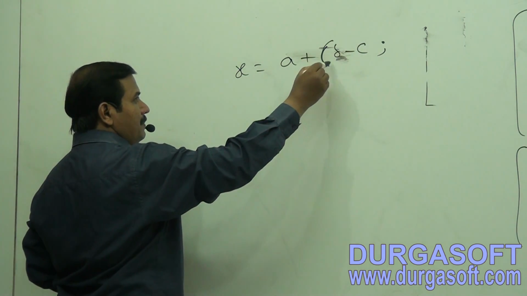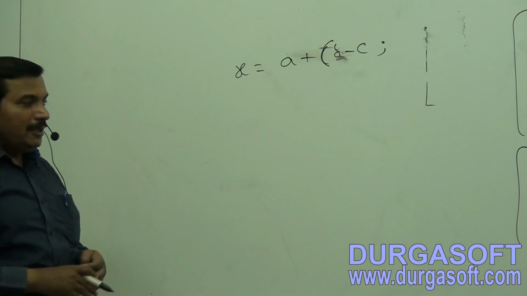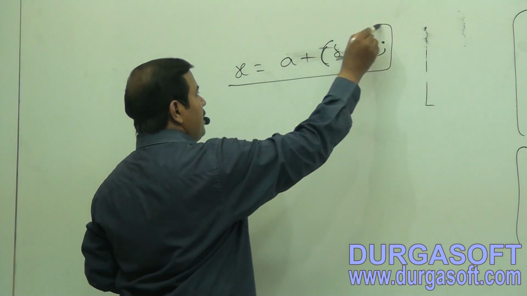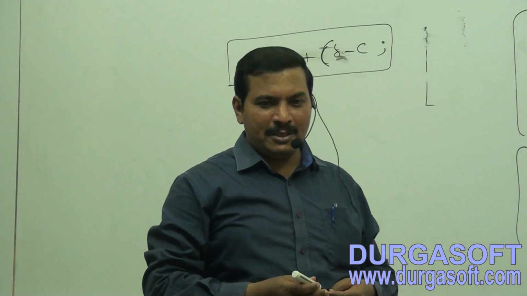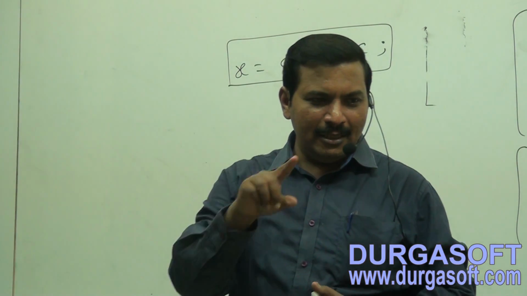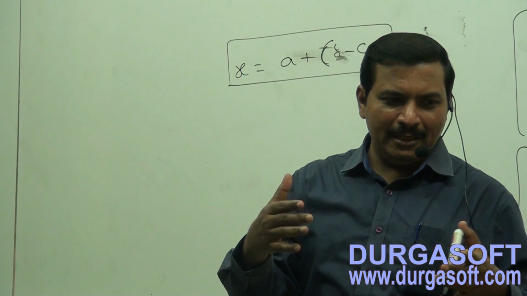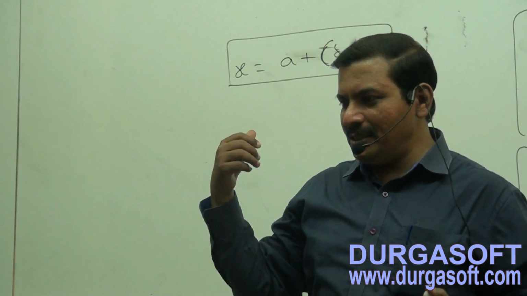Left parenthesis I kept here, but I forgot to keep the right parenthesis. So if this kind of statement is included in a Java program or C program or C++ program, immediately the compiler throws an error, the parenthesis mismatching error.